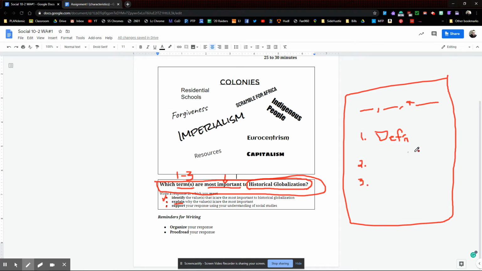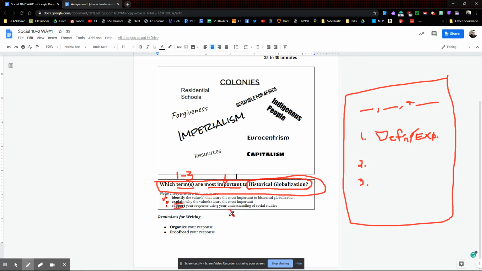Okay, so if I'm typing, I'm going to have my definition and my explanation. Okay, so I'm going to basically say, okay, here's the term, here's essentially what it means, here's a definition, and then we move on to the last bullet point, which is support.